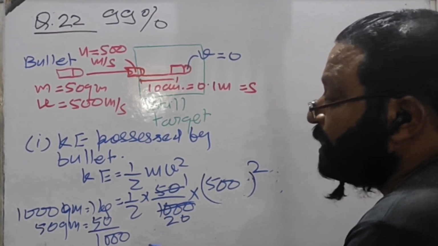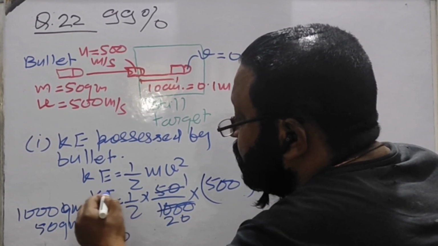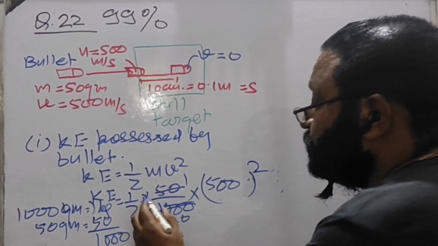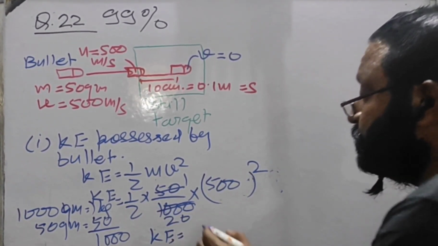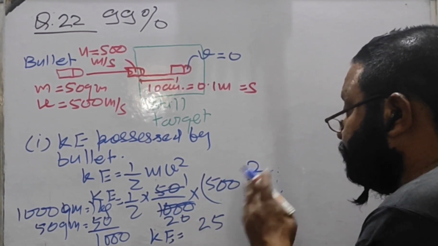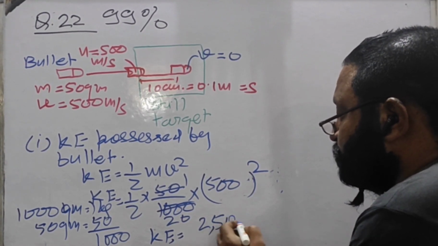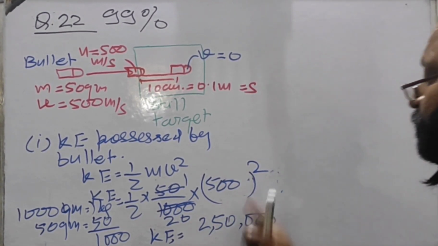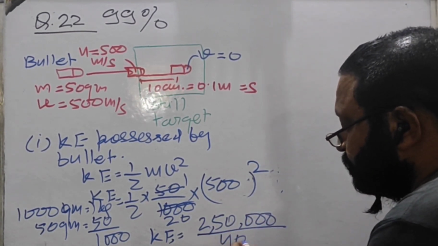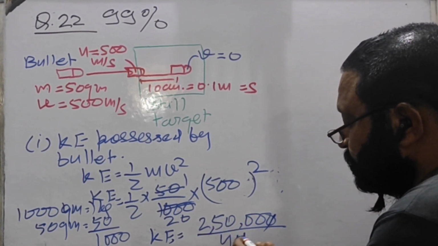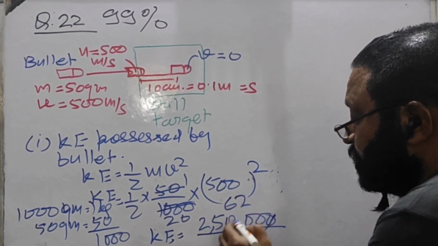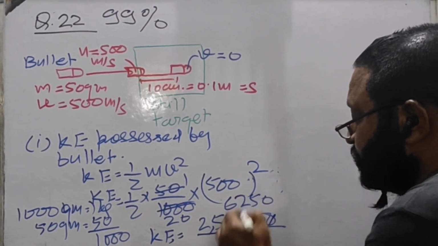So we get kinetic energy is equal to 2,50,000 with 4 zeros, divided by 40. One zero cancels. 4 6s are 24, 4 2s are 8, 4 5s are 20 and 0.